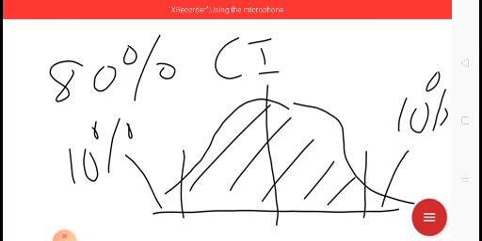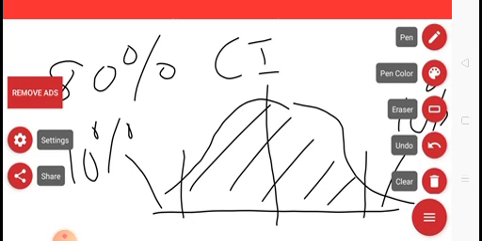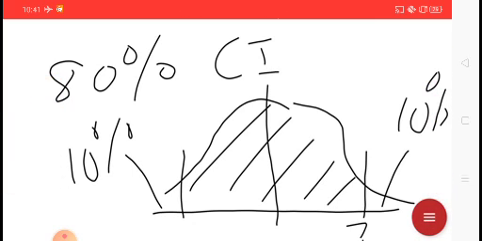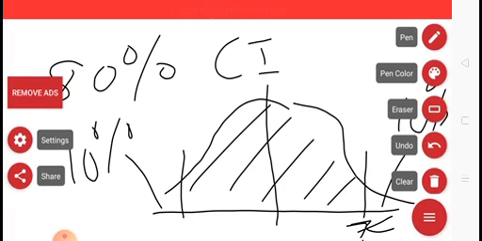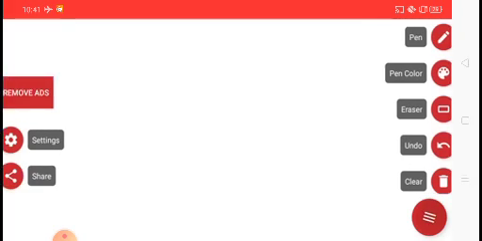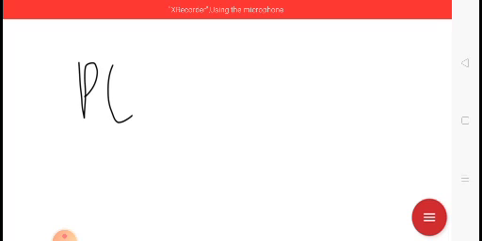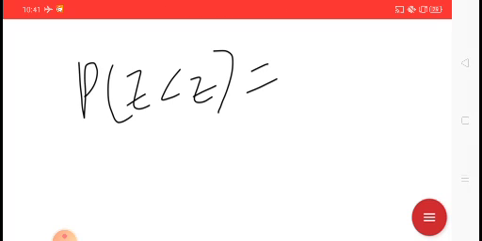So if you want to find the z here, P(Z < z) is equal to 1 minus 0.1, so you have 0.9.